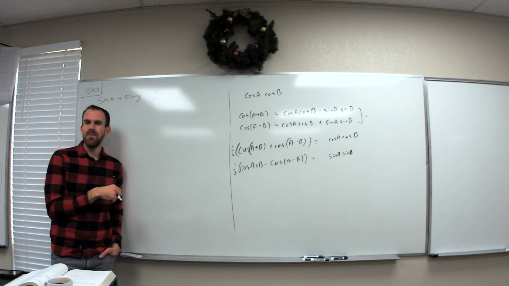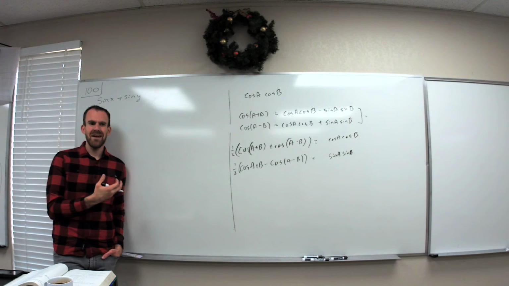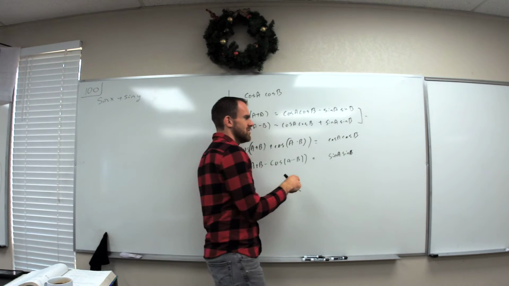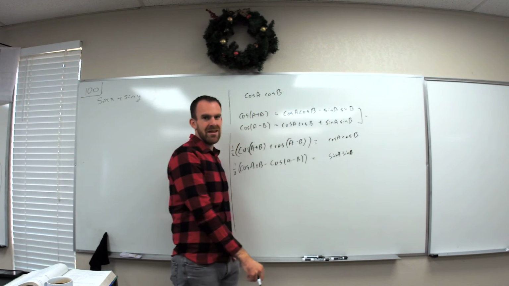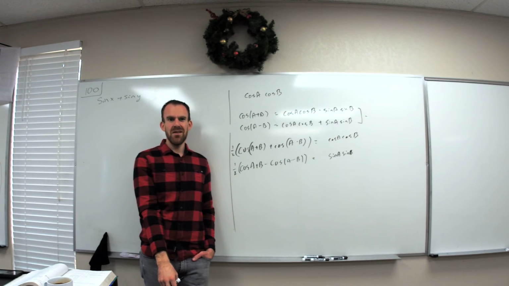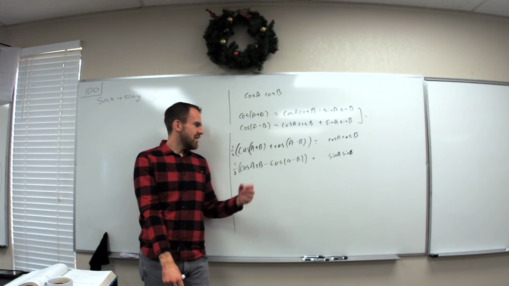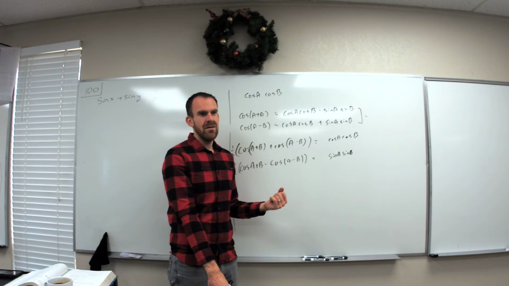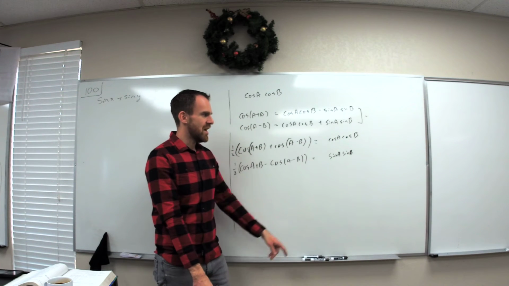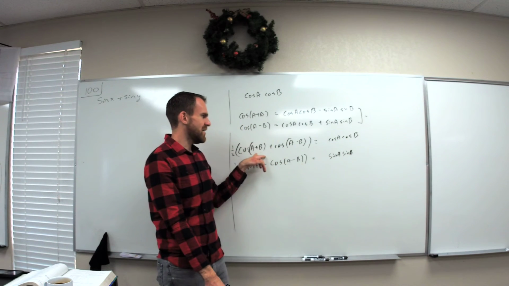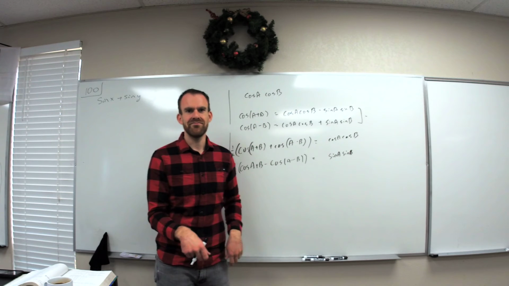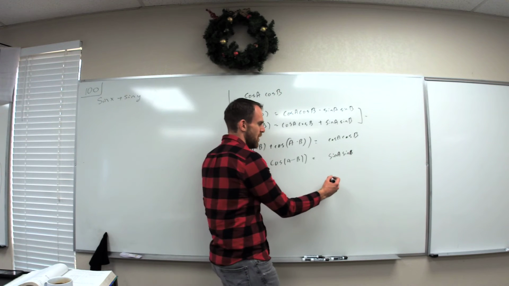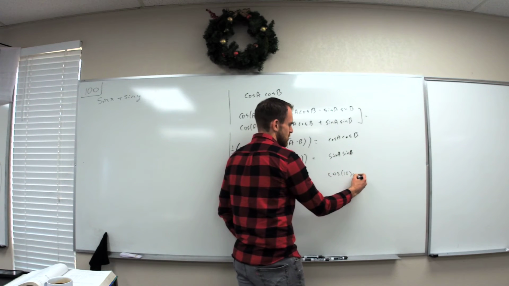Why do these identities even matter? Why do we care? Because when you get to calculus, I'm going to ask you what cosine of one thing that you should know times cosine of another thing you should know is. And if you know their sum and their difference, then you can solve. It's like if I wanted cosine of 15.